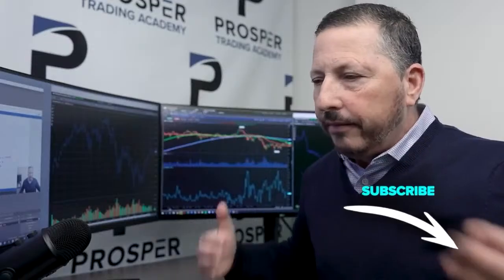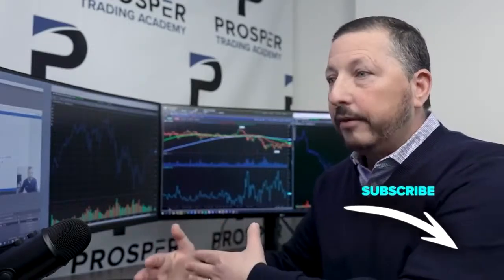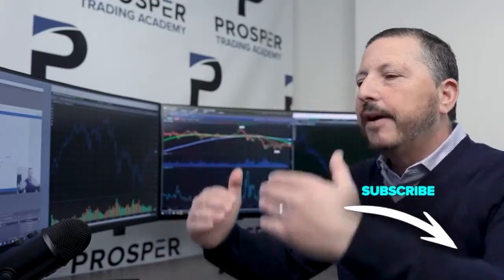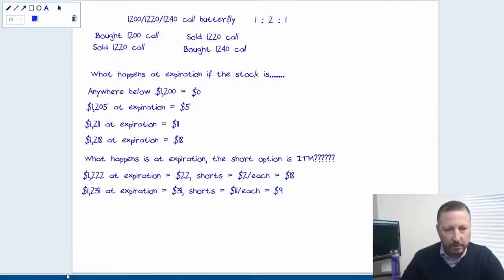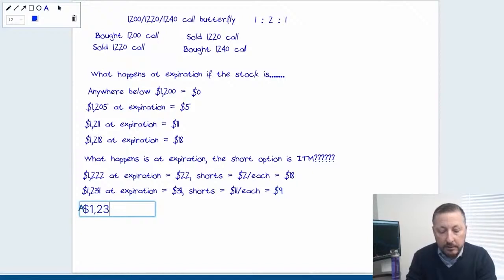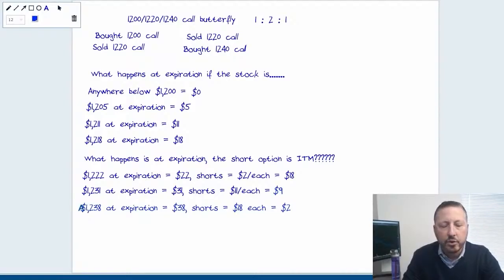And as we get closer and closer to the end of the butterfly strikes, the 1240 in this instance, the value of this position is going to keep decreasing. Okay, so at 1238, we have $38. The shorts are worth 18 each for a value of $2.